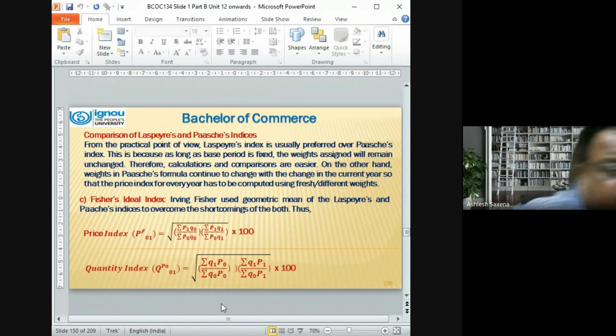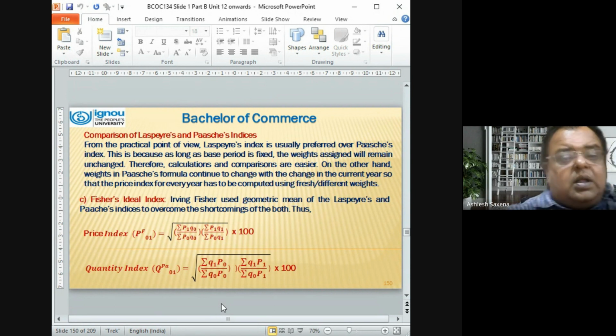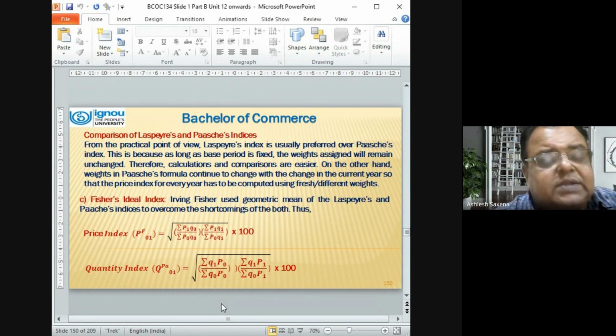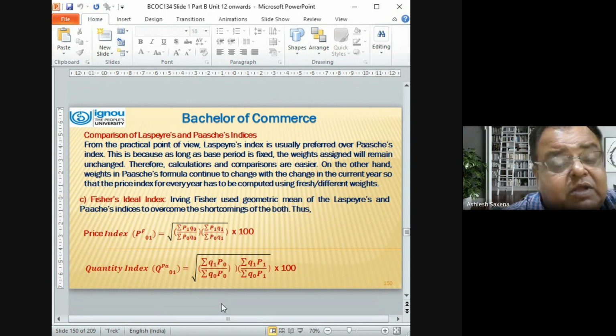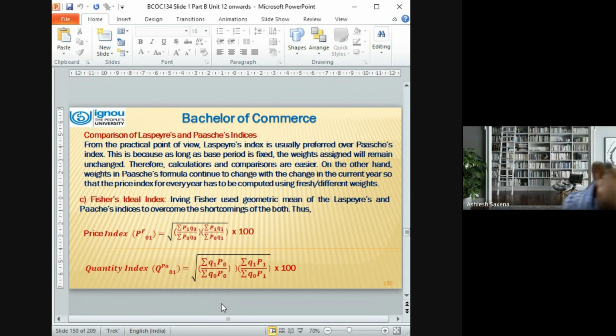Then comes your third one, that is the Fisher index, the ideal index. Now here, see, that is the multiplication of price indices under the root: summation P1 Q0 upon summation P0 Q0 into summation P1 Q1 upon summation P0 Q1. The whole thing is under the square root, and outside it you have to multiply by 100.